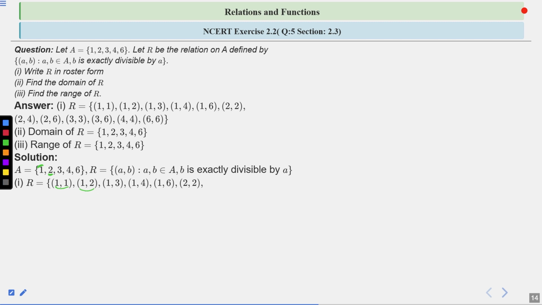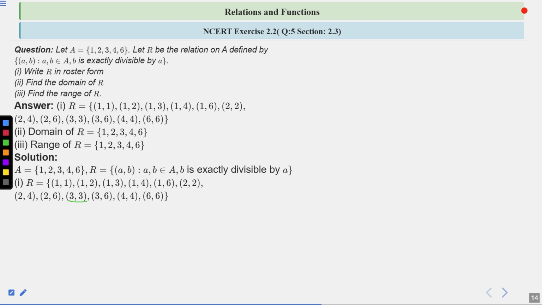So we have (1, 2) and (2, 2). Now 3. 3 is a prime number. What are the numbers which divide 3 exactly? 1 and 3 itself. So we have simply (1, 3) and (3, 3).